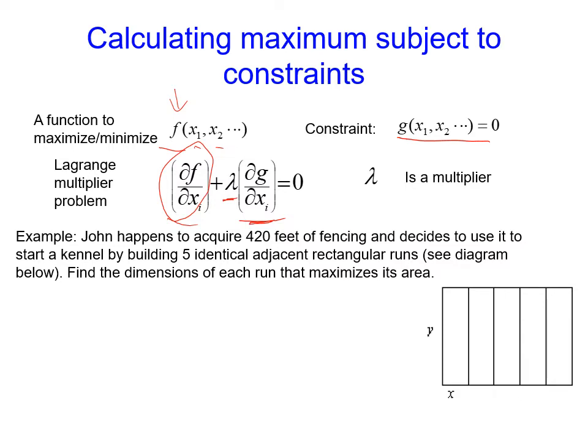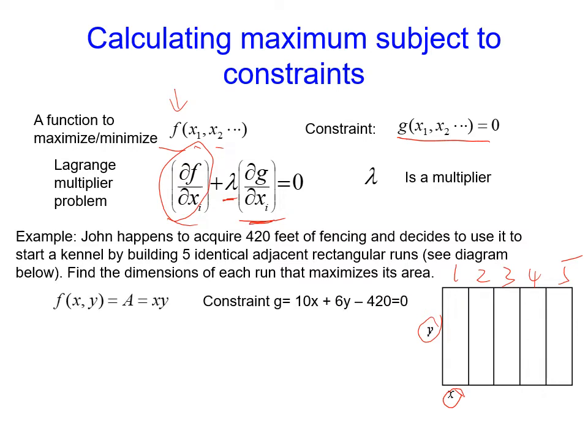John happens to acquire 420 feet of fencing and decides to use it to start a corral by building 5 identical adjacent rectangular pens. So 1, 2, 3, 4, 5. You need to find the dimensions of each pen to maximize the area. So let's say the variables here are x and y, the width and the length, and the area is xy. So we need to maximize this function xy.